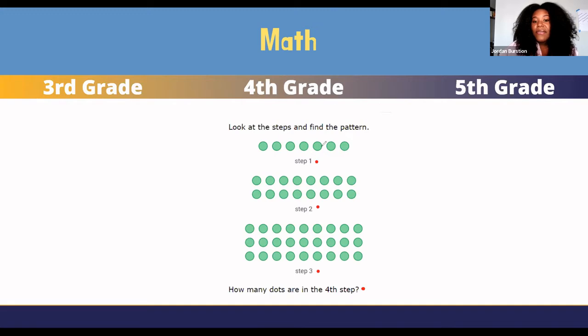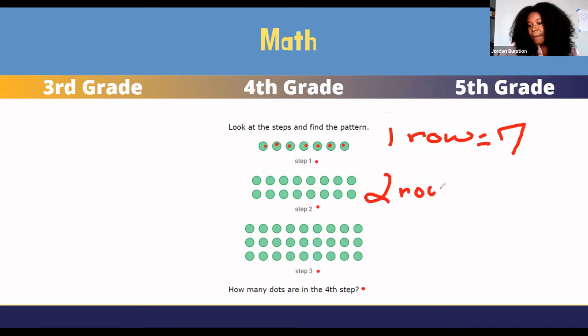Okay, so in the first step, we have 1 row, and there are 1, 2, 3, 4, 5, 6, 7 dots in the row. Now let's look at the second step. We have 2 rows. And let's see how many dots we have in each row.